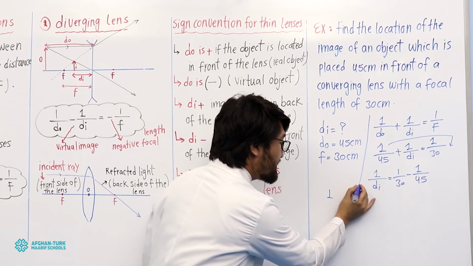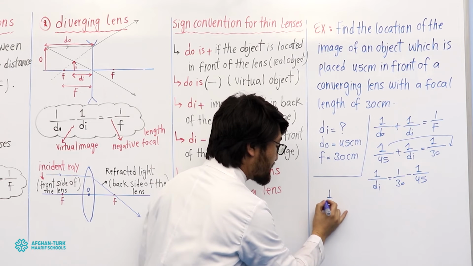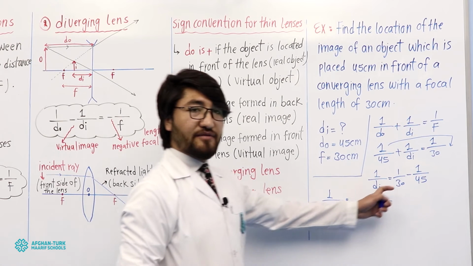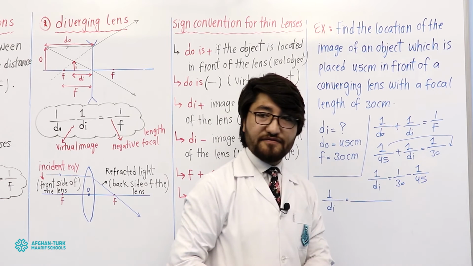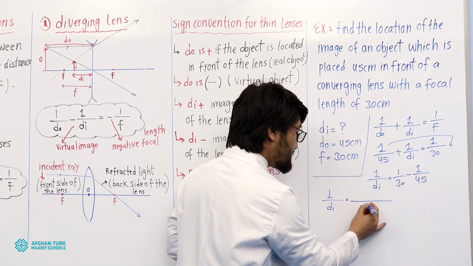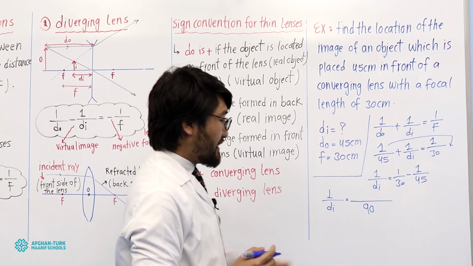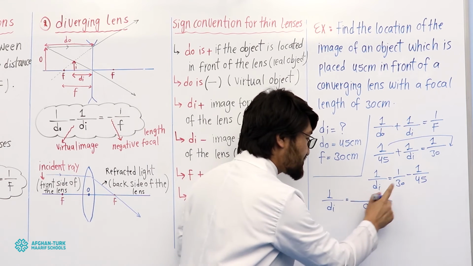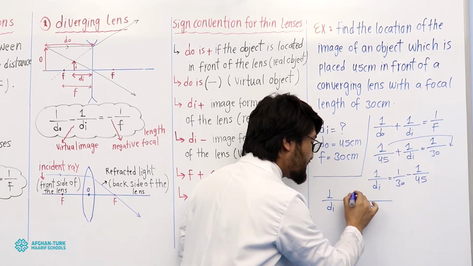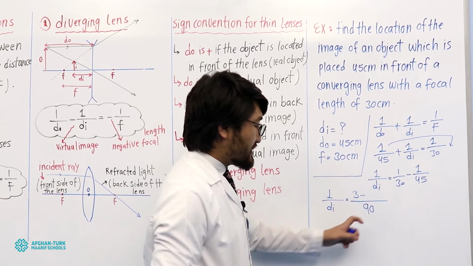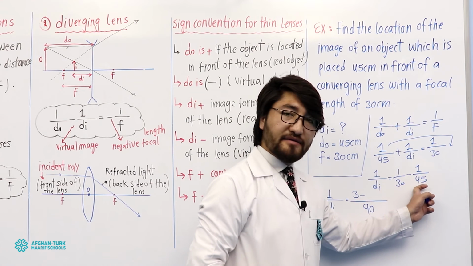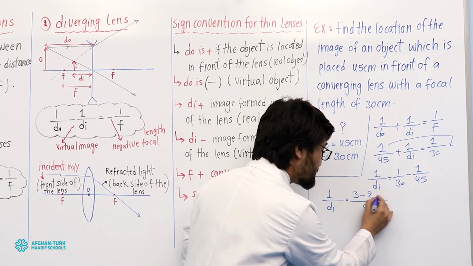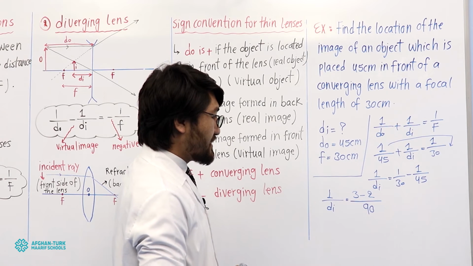1 over DI. What is the LCM of these two numbers, 30 and 45? We take 90. Okay, 90 divided by 30 is 3. 3 times 1 is 3, minus 90 divided by 45 is 2, 2 times 1 is 2.